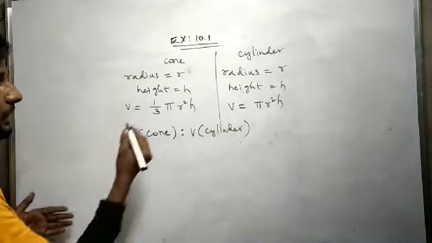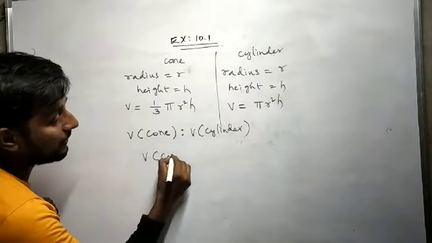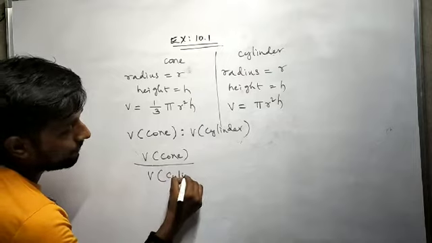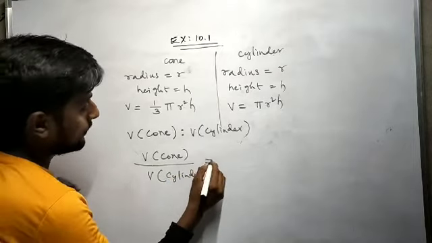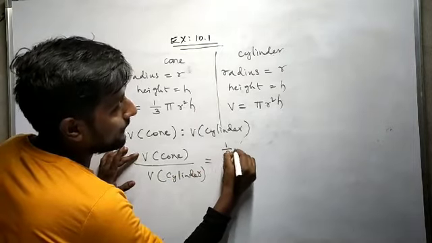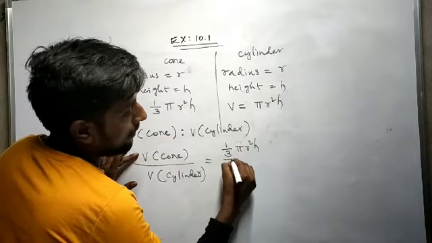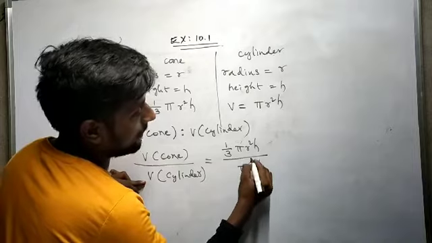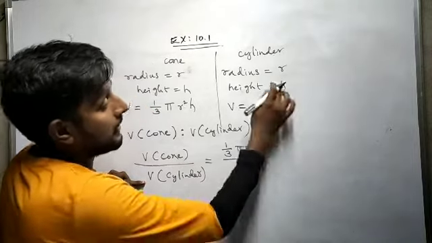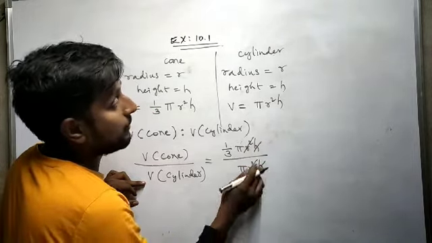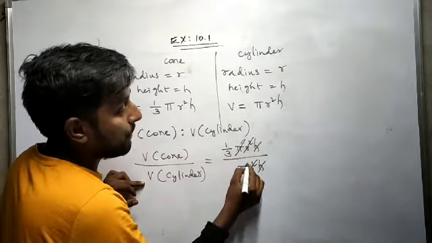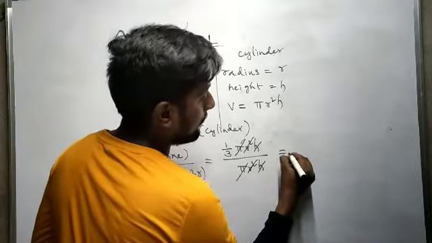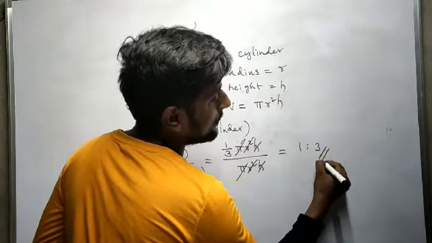Simply, if I express it in fractional form, volume of cone by volume of cylinder: 1/3 pi r square h by pi r square h. h is the same because the heights are the same. r square is the same because the radius is also the same. Pi is the same because it's a constant. So only 1/3 is left. 1/3 is nothing but 1:3.